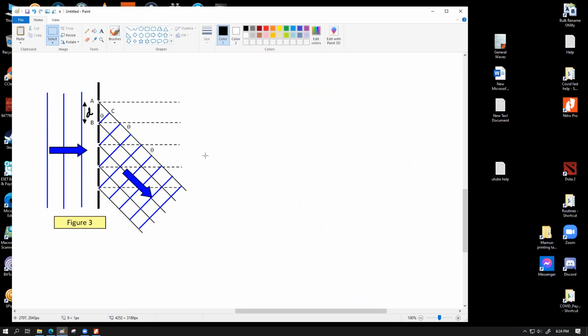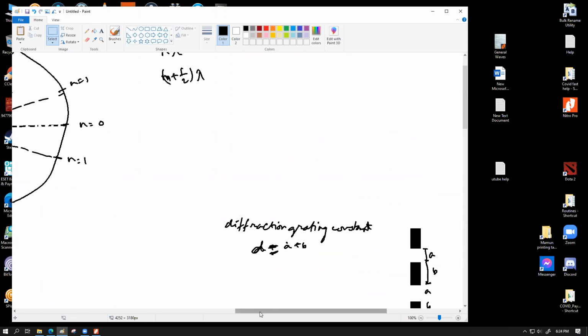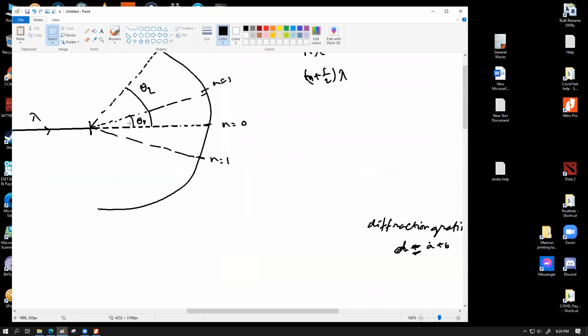Compared to this distance, the location where the screen is actually located, this much gap is quite significant. This gap could as well be half a meter or 1 meter, something like that. The radius of this circular screen is going to be pretty large.